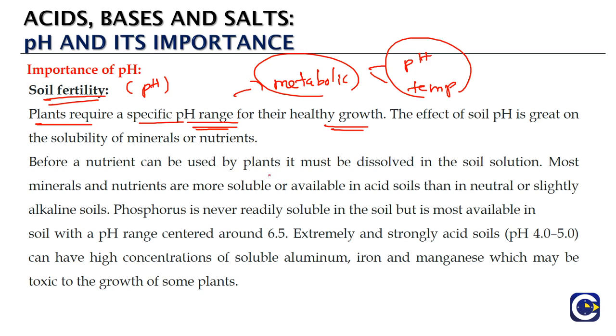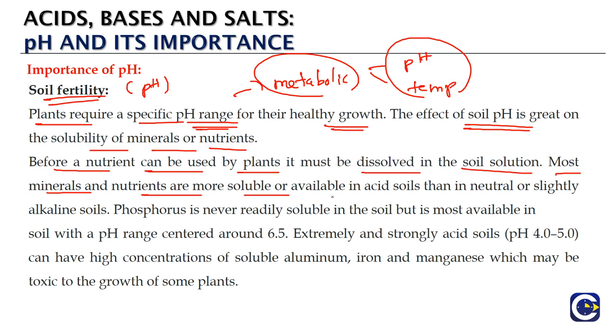for the plant growth. Not just that, even the effect of soil pH will be great on the solubility of minerals and nutrients. Before a nutrient is used by the plant, it must be dissolved in the soil solution, and most of these minerals and nutrients are more soluble in acid soils than in neutral or alkaline soils.